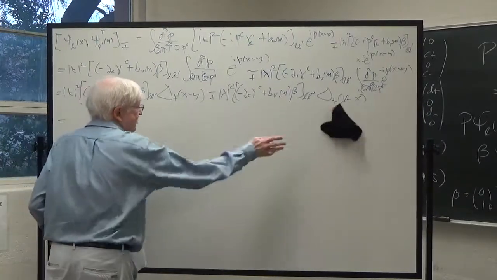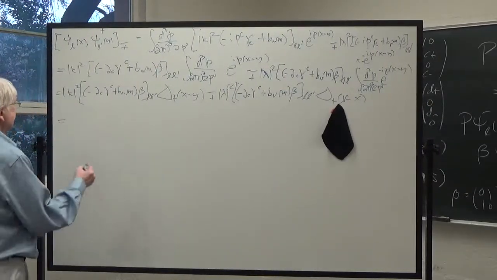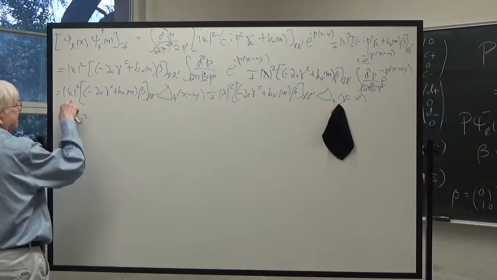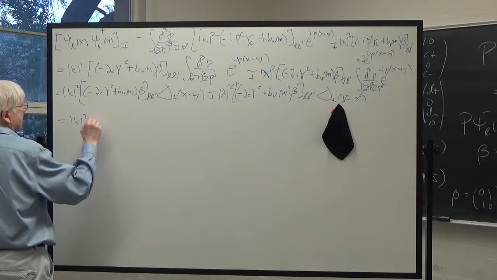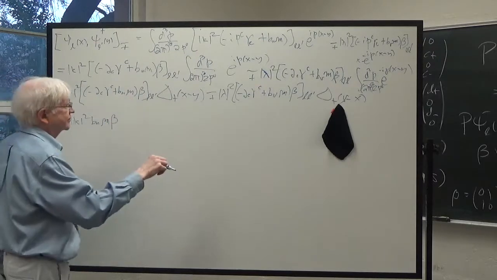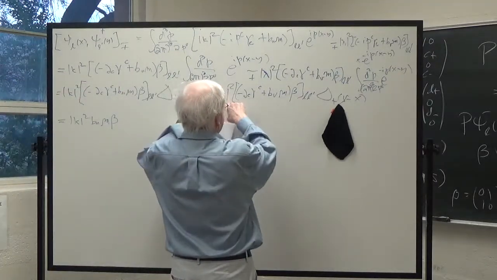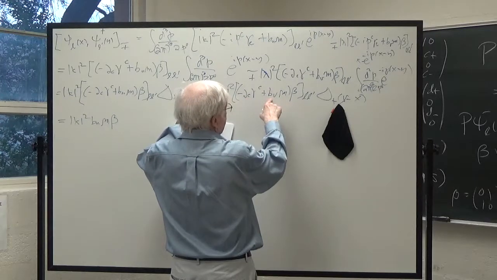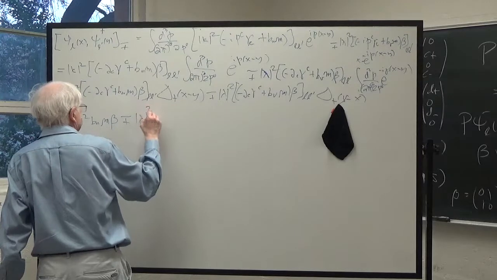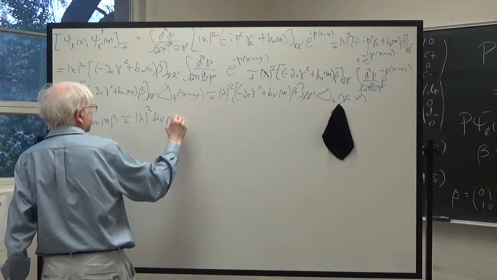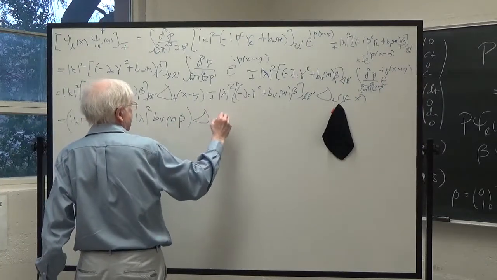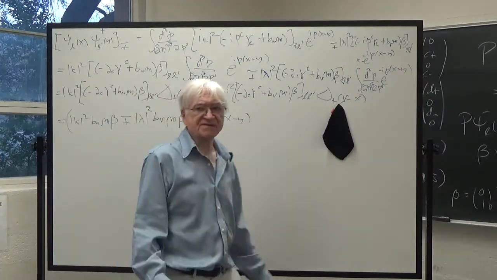Okay, so first of all, we have the part that doesn't involve derivatives. So that's going to be kappa squared bum beta, and then we're going to have minus or plus lambda squared bvm beta, all of this times delta plus of x minus y, because this is the part that doesn't involve derivatives.